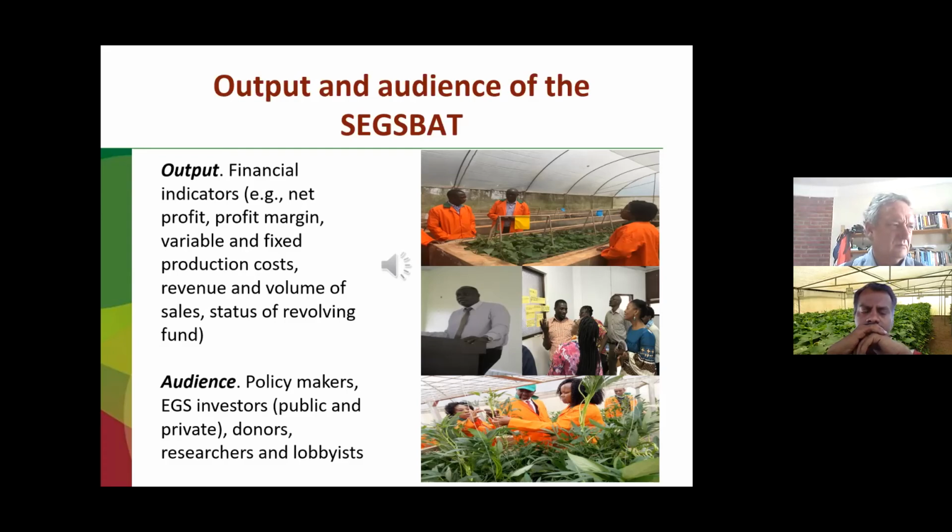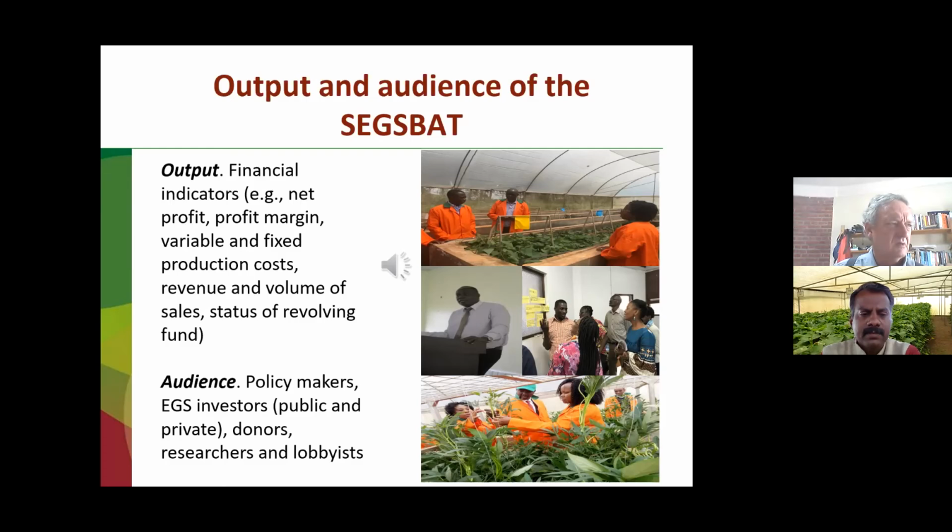And then once you get a profit, you should be able to generate positive net cash flows, and that will provide the financial performance of early generation seed business.